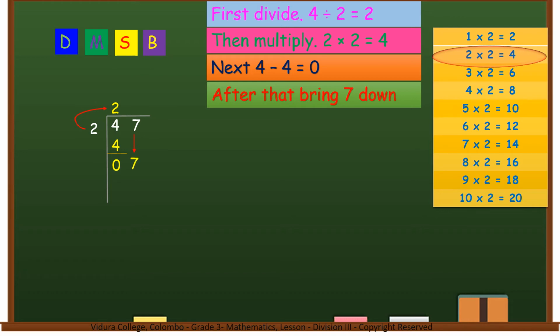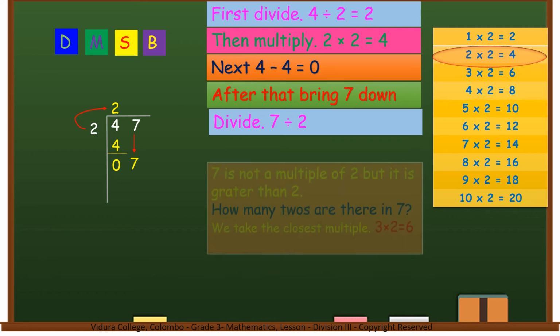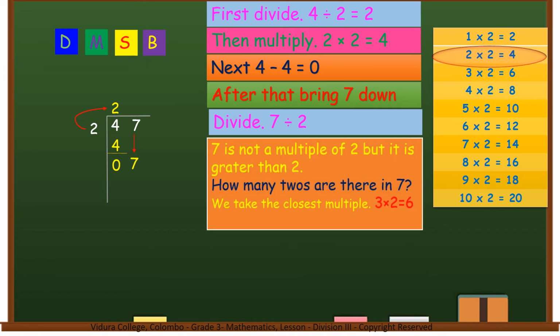Then divide. 7 divide 2. 7 is not a multiple of 2, but it is greater than 2. How many 2's are there in 7? We take the closest multiple. It is 3 times 2. 3 times 2 is 6. Write 3 on 7.